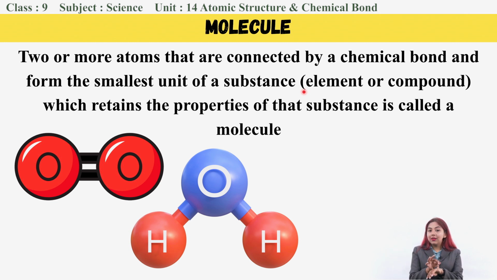And the fourth thing is, the molecule retains the property of that substance. So these are the 4 things you must have to become a molecule. So molecules are 2 or more atoms that are connected by a chemical bond, and form the smallest unit of a substance which retains the property of that substance. Then this is known as a molecule.